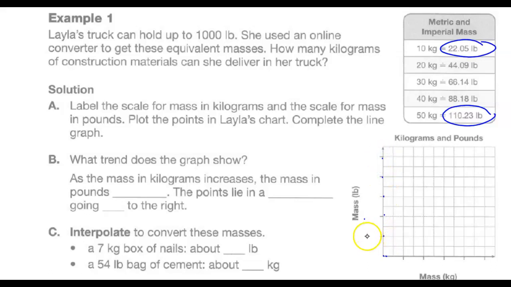Yeah, we could go up by 20s. And then kilograms, we can go up by 10s. Now that's not 10s each grid marking, each dash. So each grid horizontally is 5, each grid vertically is 10.